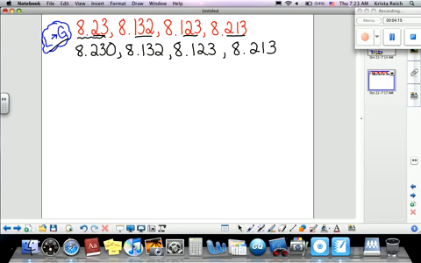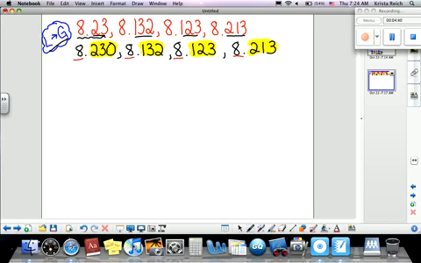Okay, now all I have to do is simply look at the numbers after the decimal. Now that's granted that these numbers are all the same, okay? It's a totally different story if those numbers are different, alright? But since they're the same, I can look at the numbers after the decimal and simply compare using that way.